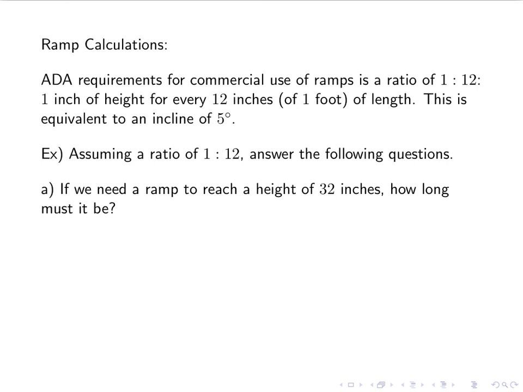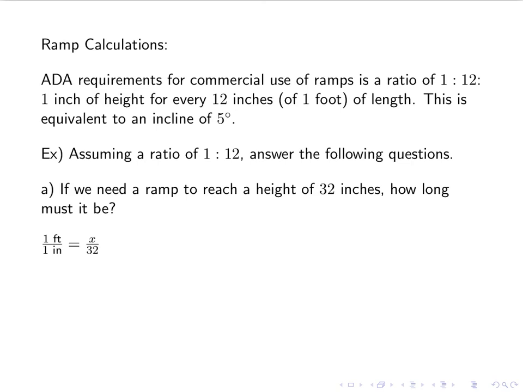So if we need a ramp to reach a height of 32 inches, how long must it be? So we're going to use the 1 inch to 1 foot rule, and I'm going to flip it because what we're looking for is the length, so I'm going to put the length on top. Okay, so 1 foot per 1 inch is length to height.